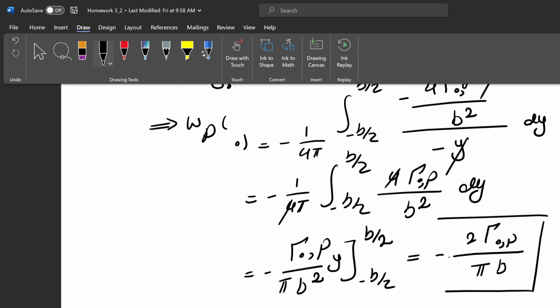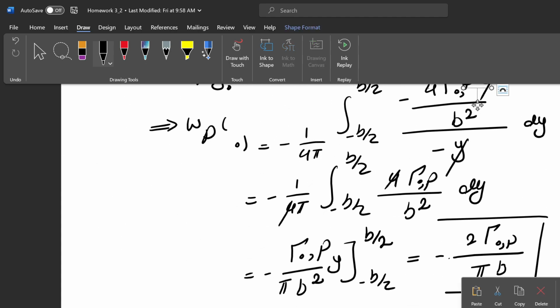You just have to compare these two values together. On one side, for the elliptical, we have negative 8 over 6 pi gamma naught p divided by b, right? And on the other side, for the parabolic one, we have negative 2 gamma naught p divided by pi b.